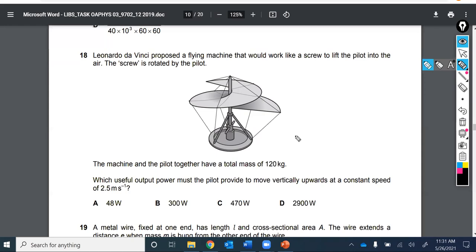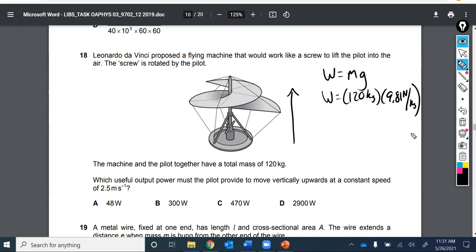So in order to move vertically upwards, you have to supply a force that is equal to the weight. And so mass isn't weight. We saw earlier in class today how weight is equal to mass times the acceleration due to gravity. And so a useful thing might be to calculate what that weight is. So we've got 120 kilograms, 9.81 newtons per kilogram here on Earth.